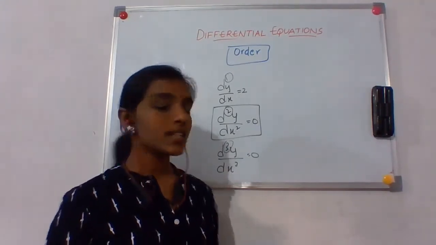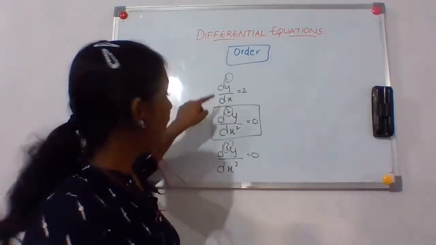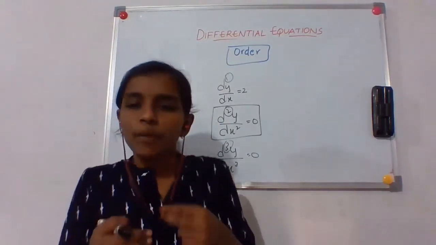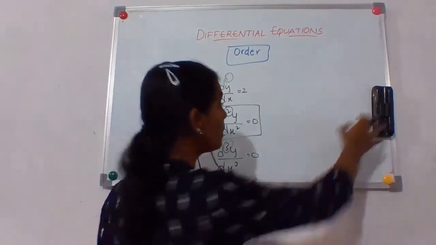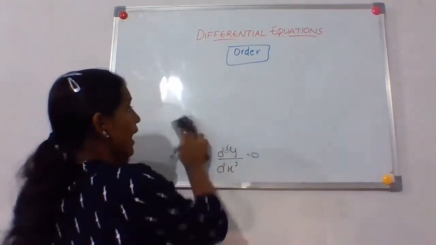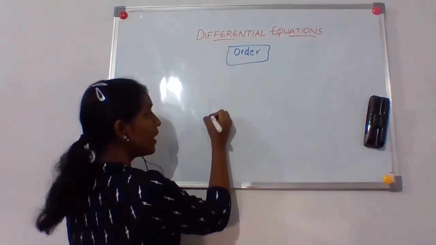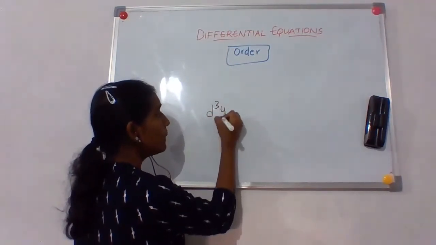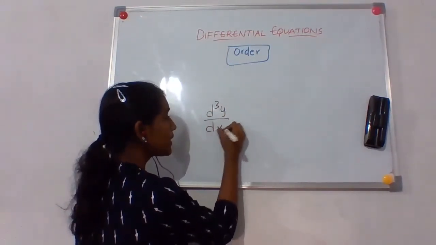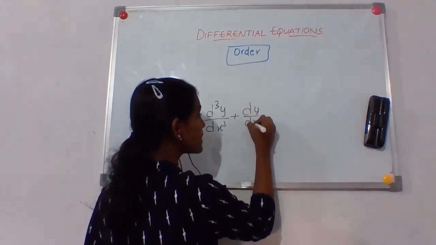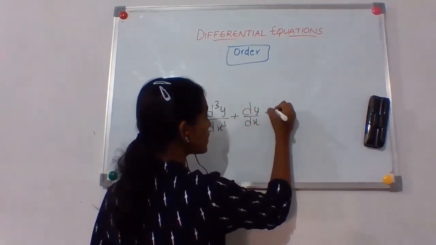So here 1 is the order, here 2 is the order, here 3 is the order. Now, let us move to something more complex. I am going to take an equation like d cube y by dx cube plus dy by dx equals 0.